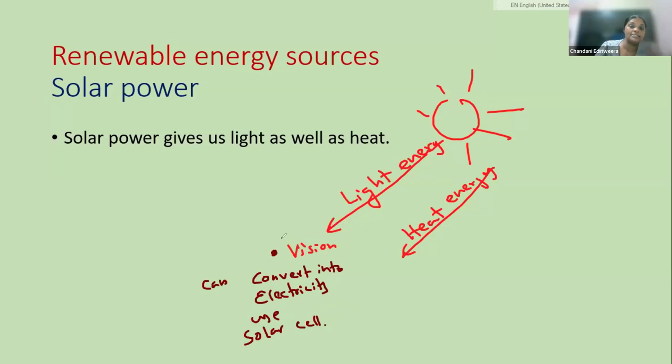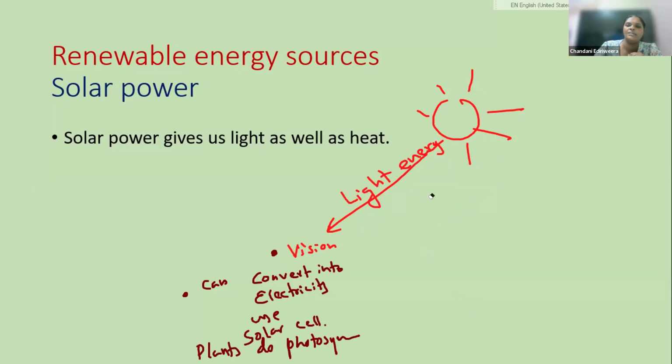We can see things because of the light energy, and by using solar cells we can convert this light energy into electricity. And when we consider the plants, they do photosynthesis with the help of this light energy and the heat energy.